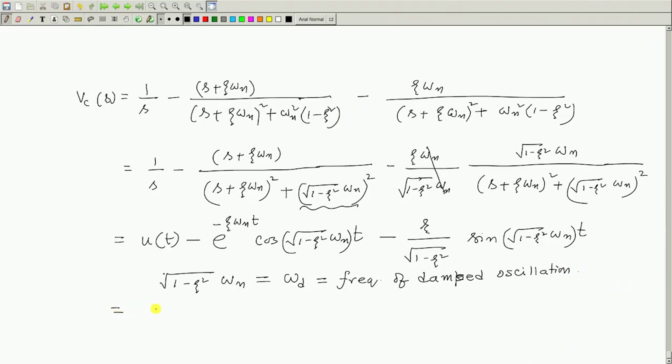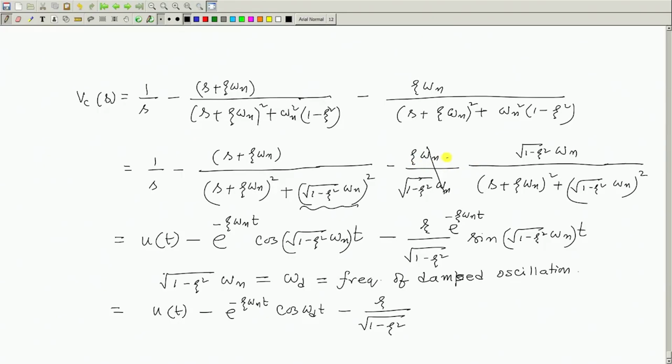So, the solution can then be written as e to the power minus zeta omega n t cosine omega d t minus zeta by root over 1 minus zeta square, e to the power minus zeta omega n t is also there here, is not?